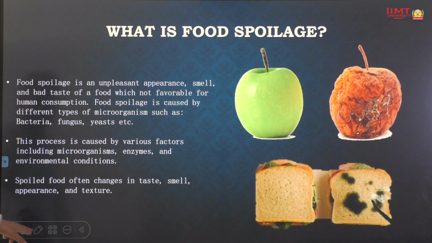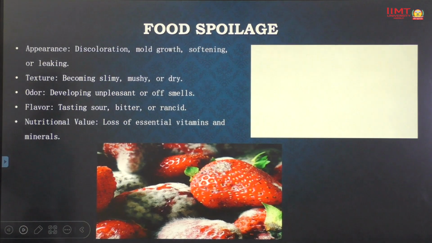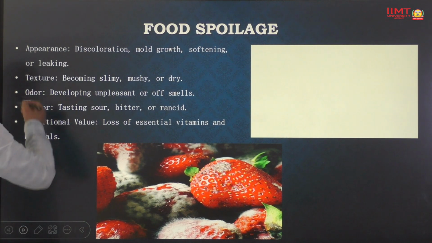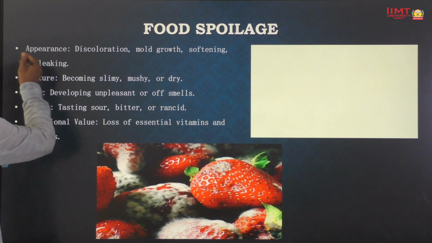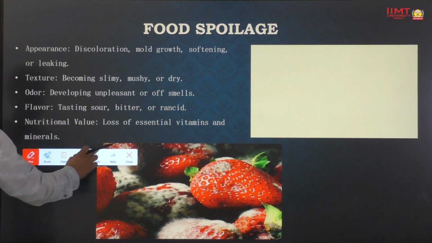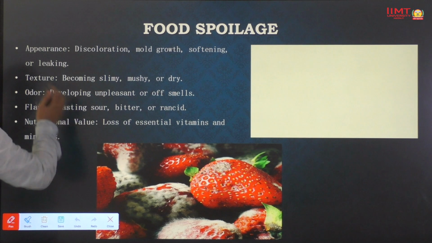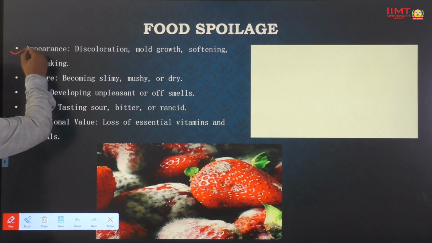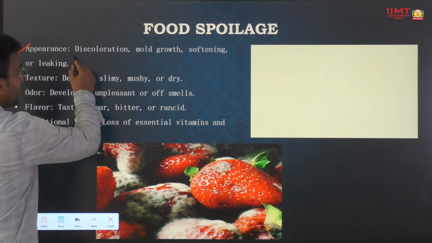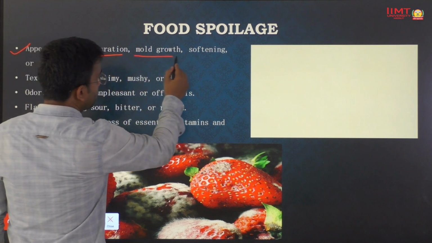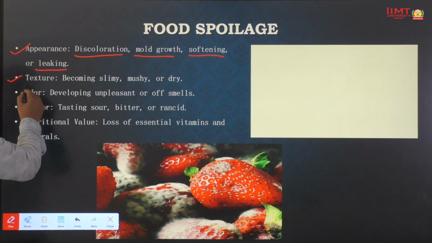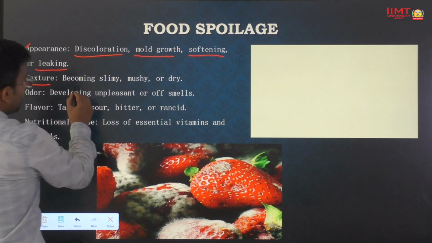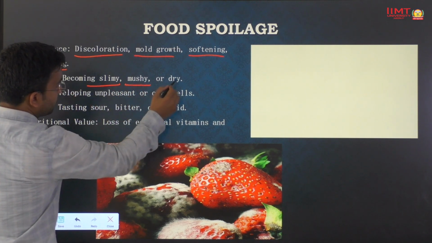So we go for the next. These are the parameters which can identify food spoilage. First is appearance, in which there is discoloration, mold growth, softening or leaking. The second parameter is texture, becoming slimy, mushy or dry.